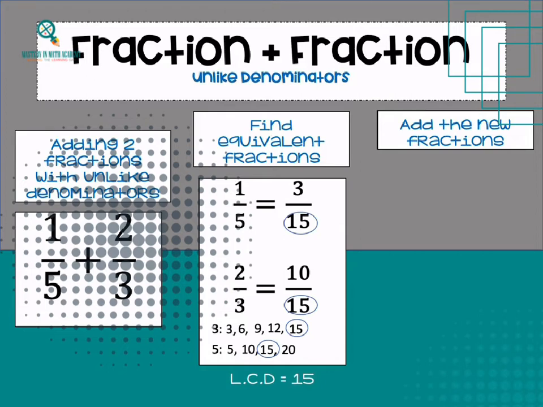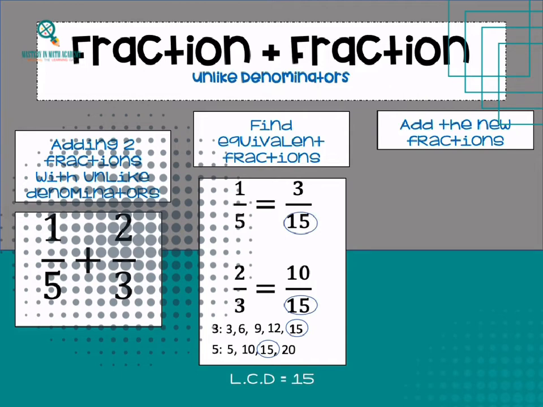You don't need to find your LCD, but that's for another lesson. If your denominators are different and you're adding, subtracting, or dividing, then you know that you need to find your least common denominator and get your denominators to be the same by finding equivalent fractions.